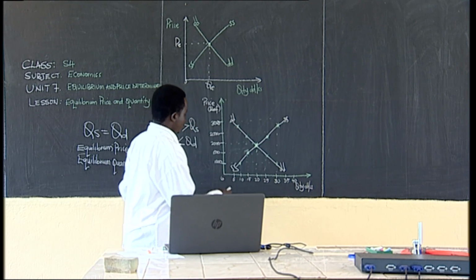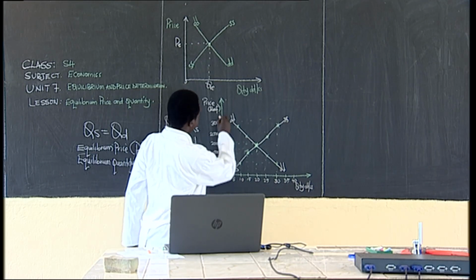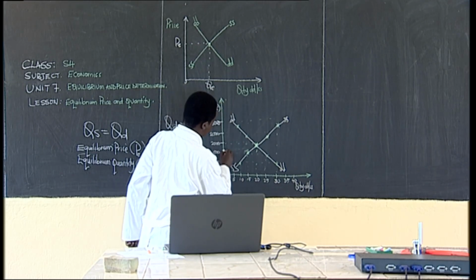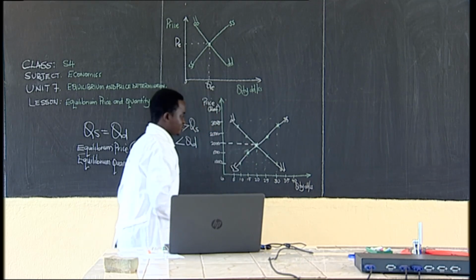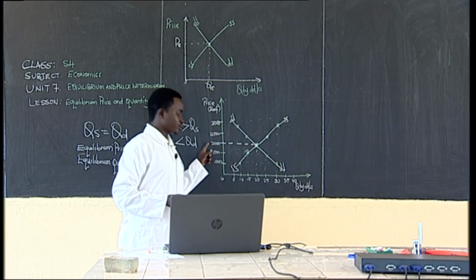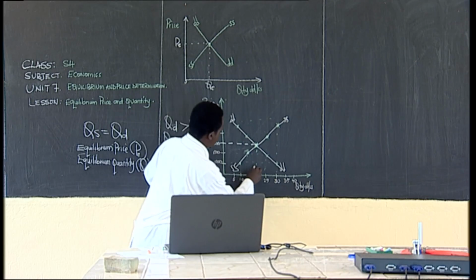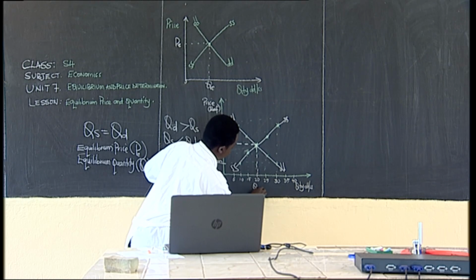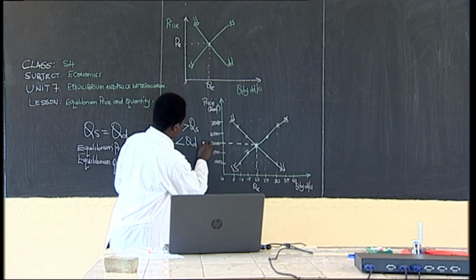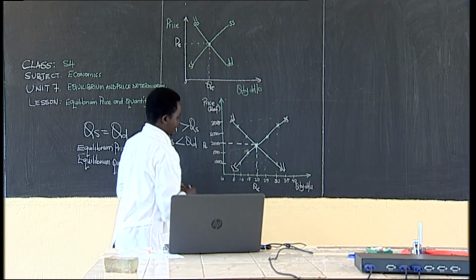Then along the y-axis, you determine your equilibrium price. Then along the x-axis, when you move down, you determine your equilibrium quantity.